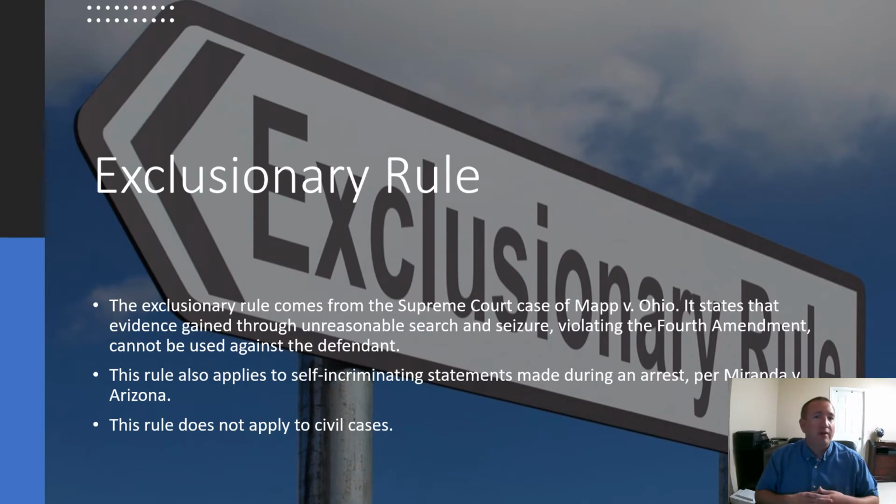If the Miranda rights are not read to them, then the exclusionary rule applies, and whatever they say will not be used against them. And the same applies for evidence that is found in an unlawful search, where probable cause was not present. Now, this rule does not apply in civil cases because there's not a crime. You're not being charged with a crime. It's a civil case, so it's different.